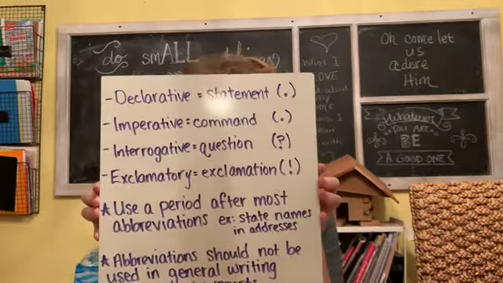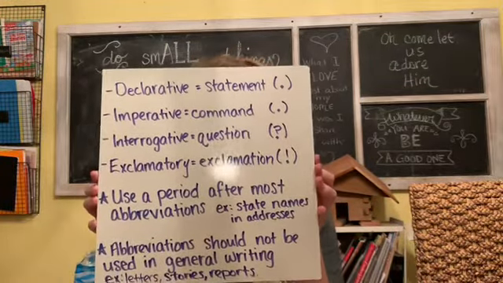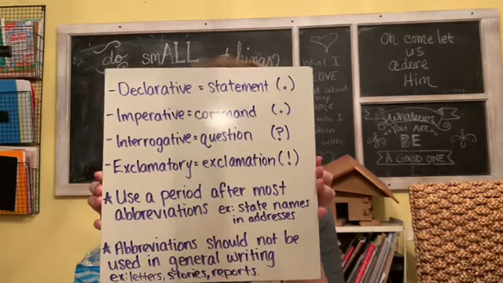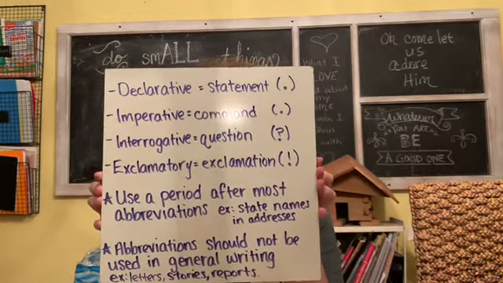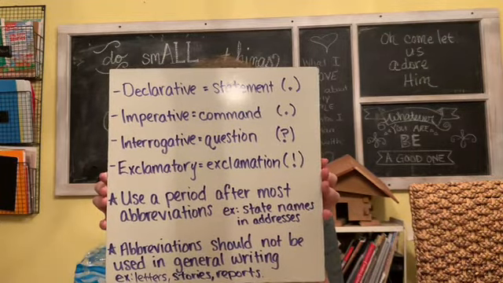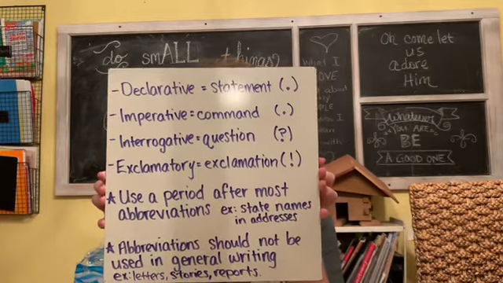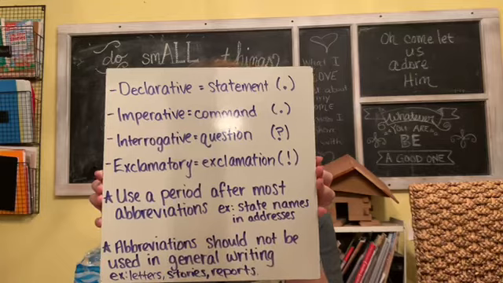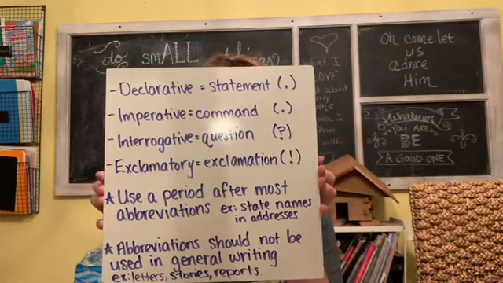So at the beginning of the year, we talked about the 4 different types of sentences. First, we have declarative sentences. Declarative sentences make a statement, okay? If I said, that book was good, I have made a statement about the book. Declarative sentences end with periods.